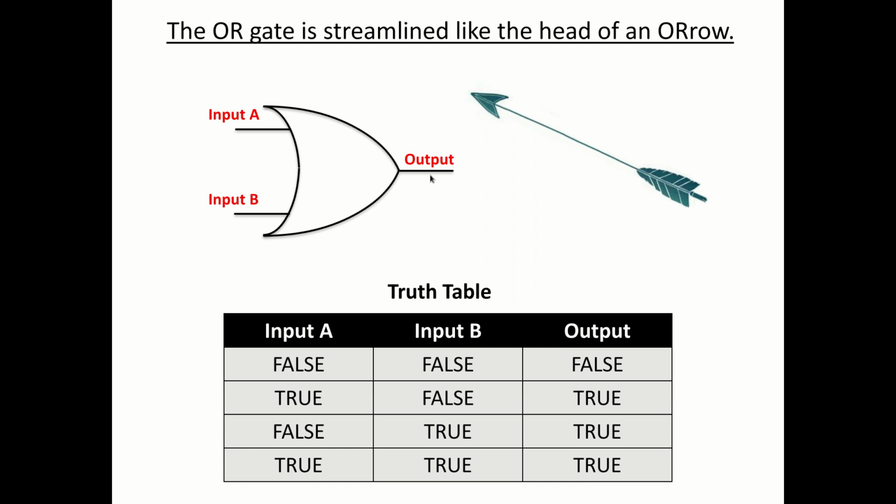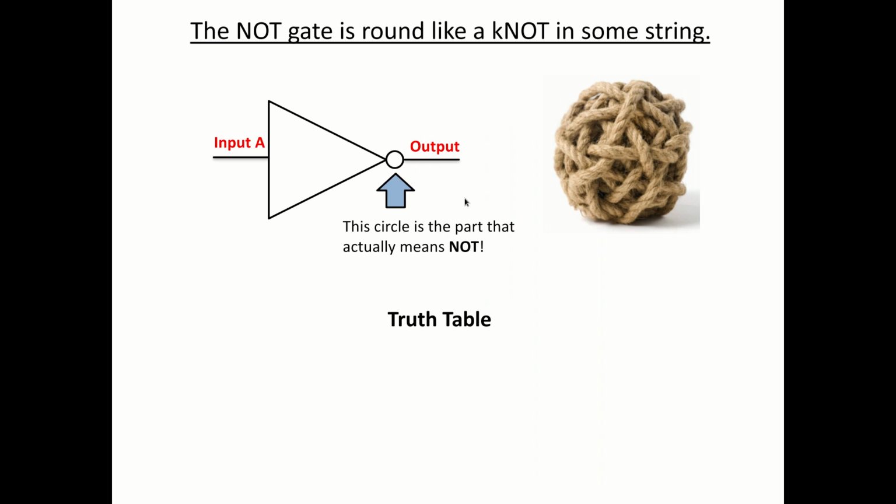But there is a logic gate which only has one input, so it's one of the simplest logic gates. This is a NOT gate. And the thing that makes it a NOT gate is this circle on the end. It's useful to remember that because it does kind of look like a knot of string or something like that.